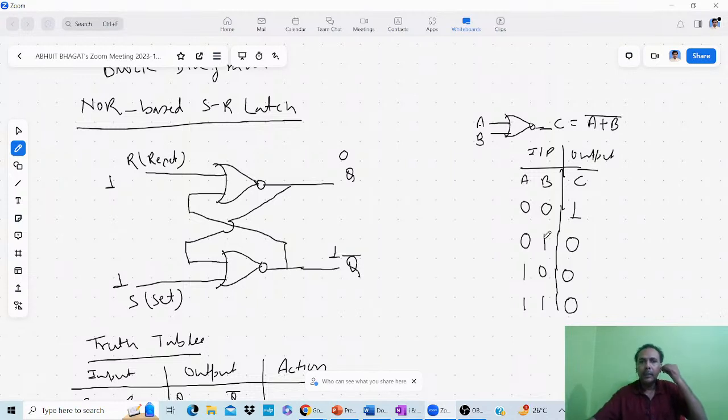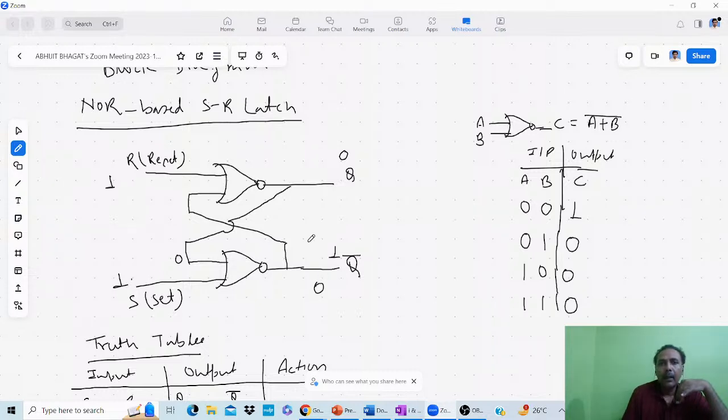Okay, sorry for the interruption. So when it is 1 1, in that case, suppose if the previous output is 0 and 1, Q is 0 and Q bar is 1, what happens in that case? So this is 0, means this will be 0. So here 1 and 0, you will get what? One input is 1, so here the output will be 0.